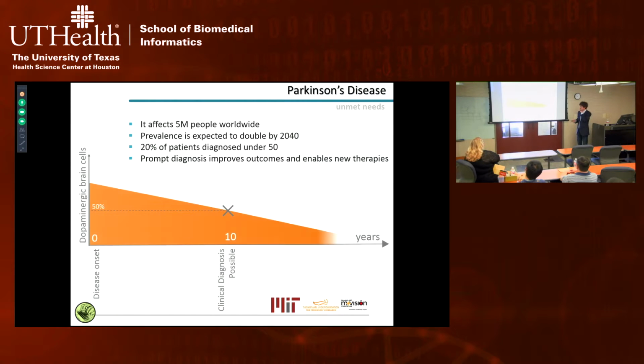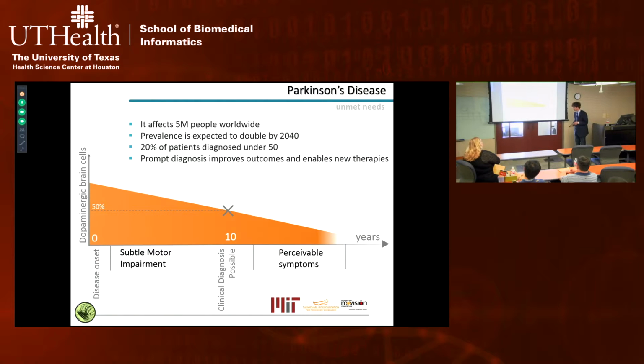Because in Parkinson's disease, once it's diagnosed, it's potentially too late to have a cure to stop the death of the dopaminergic brain cells. Clinical diagnosis is possible after about 10 years from the disease onset, because that is when the first perceivable symptoms appear. However, some studies show that there is a subtle motor impairment that starts much earlier, before clinical diagnosis is possible.